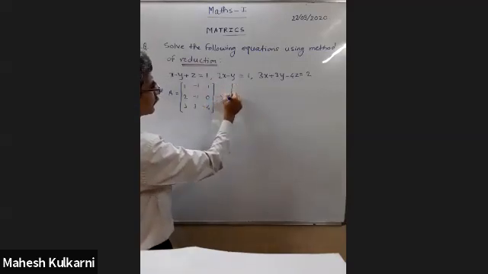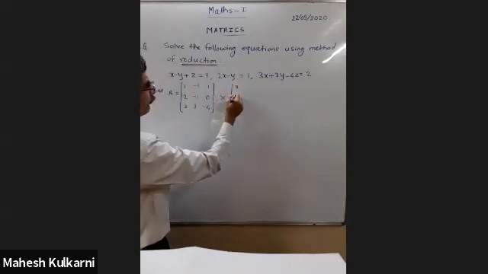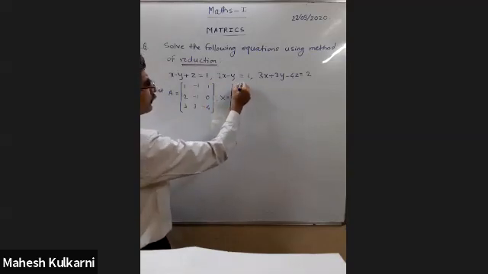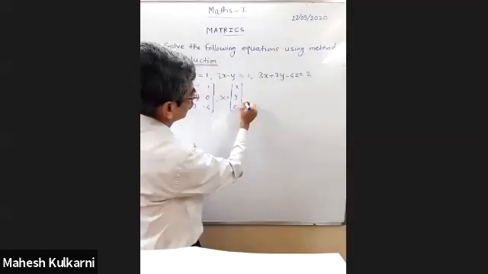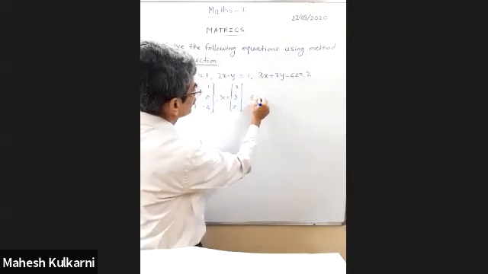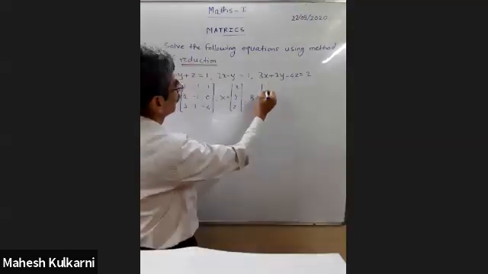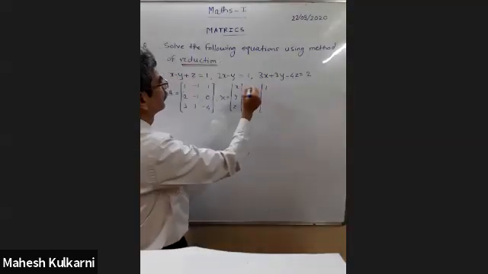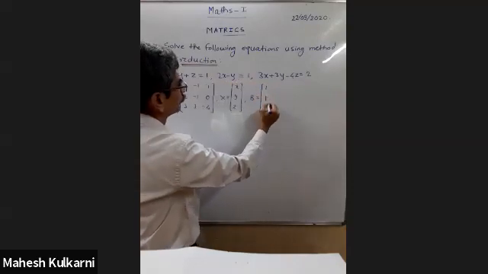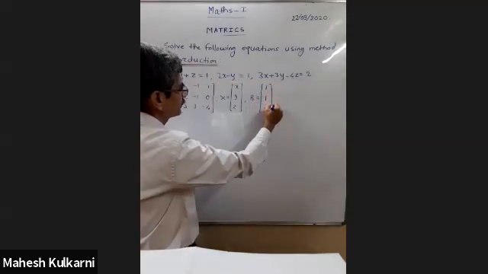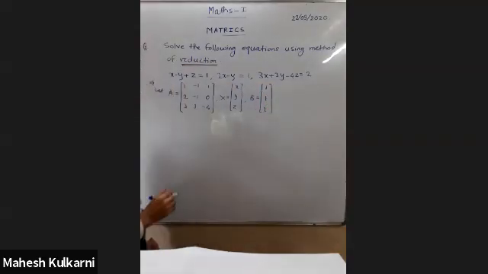Define X. X is the matrix of variables. Three variables are there. So this is column matrix of order 3 by 1. And similarly, B is also column matrix of order 3 by 1. 3 rows are there. Constant terms 1, 1, 2. So this is matrix B. Let us solve this by using method of reduction.